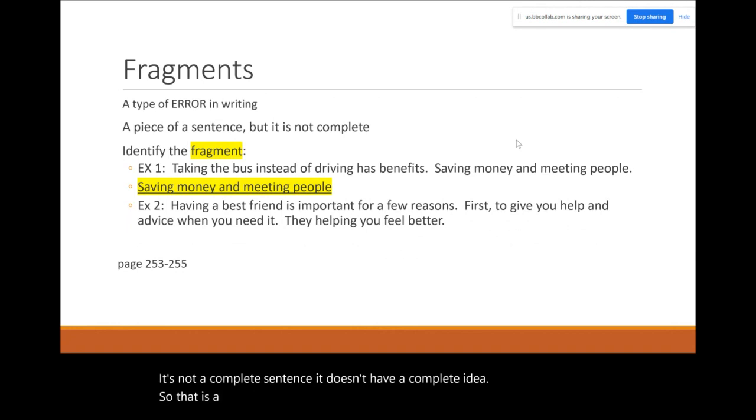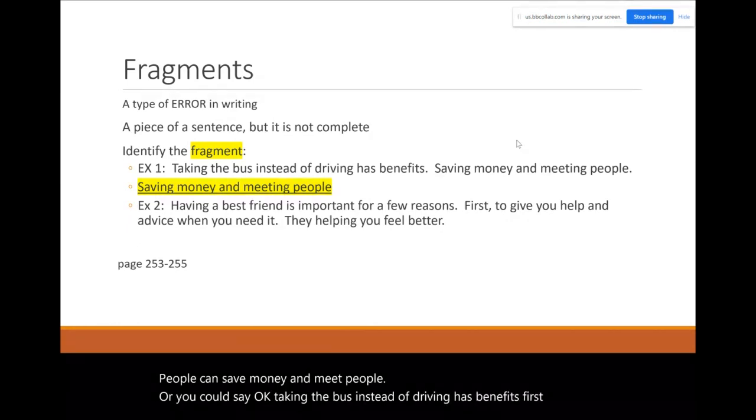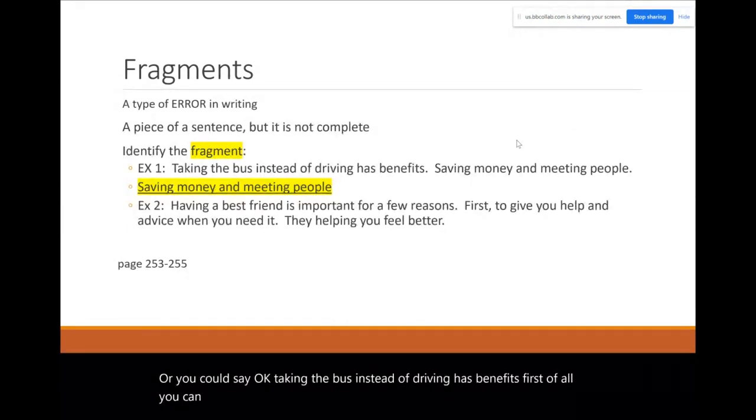That's a mistake. So what we need to do to fix it is we can say, people can save money and meet people. Or you could say, okay, taking the bus instead of driving has benefits. First of all, you can save money, right?